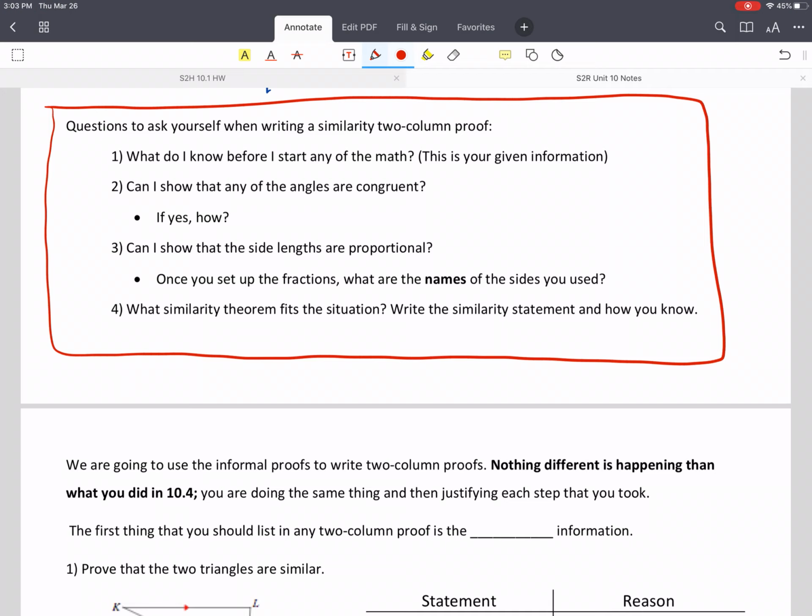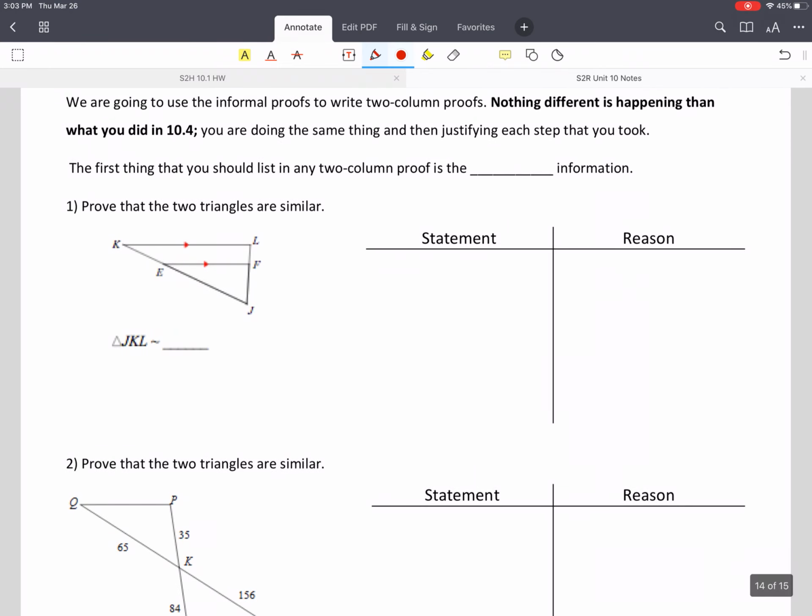And I just want you to kind of go through this process. Can I show any of the angles are congruent? Can I show the side lengths are proportional? And then what is this? Is it angle, angle, side, or side, side? And that's just going to be kind of our 4-step process as to how we can do things here. Once again, nothing different is happening than what you did in 10.4.